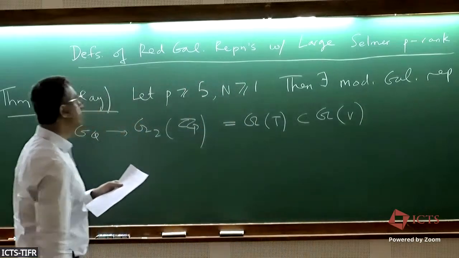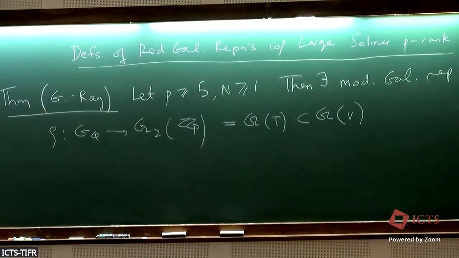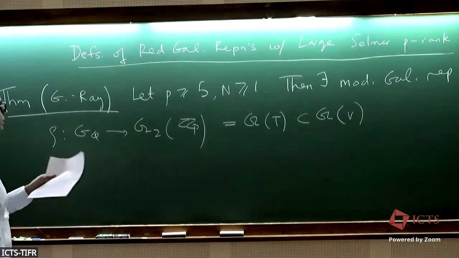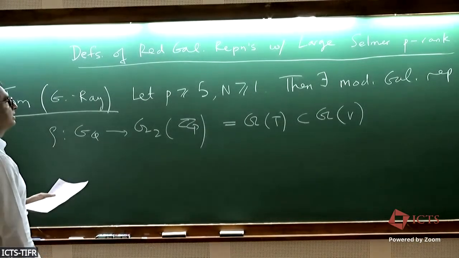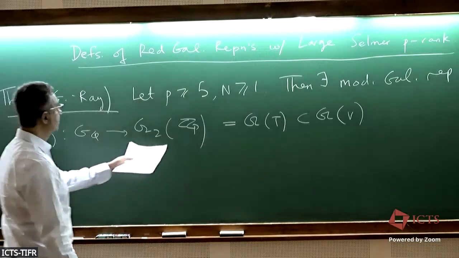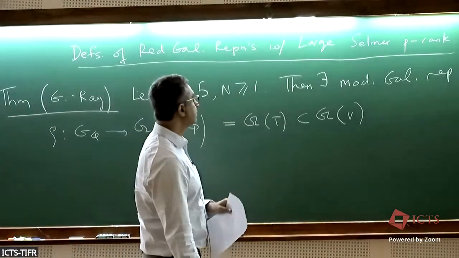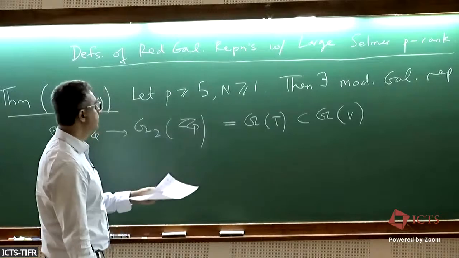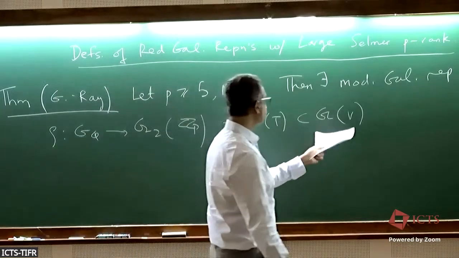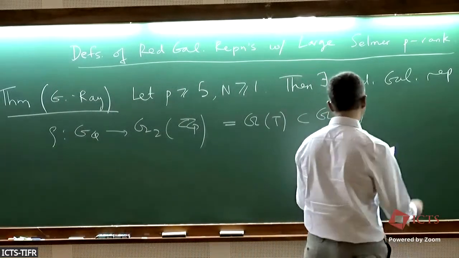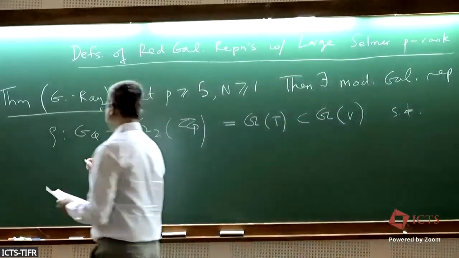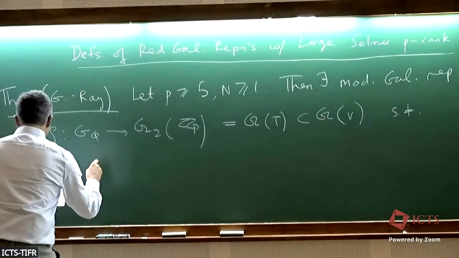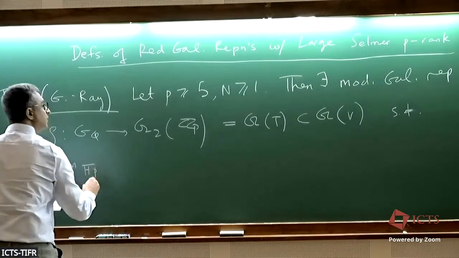So fix a prime p at least 5, fix an integer n, not the level, it's some Selmer group dimension, will be bigger than n. Then the claim is that there's a p-adic Galois representation, integral version, T is the lattice, V is T tensor Qp, the usual notation, such that the dimension, GL2.